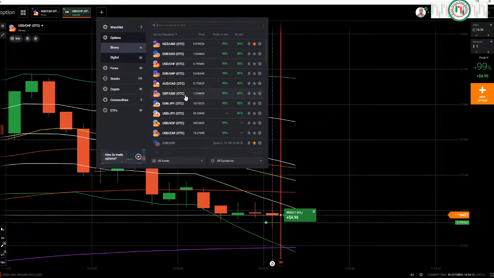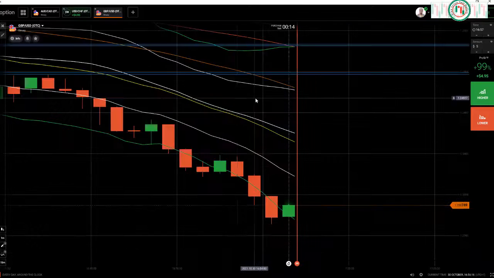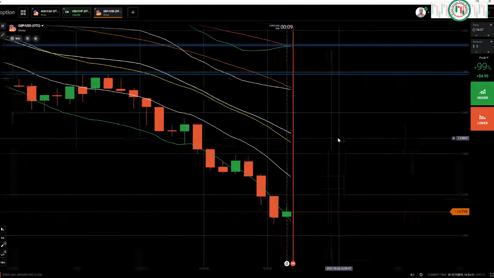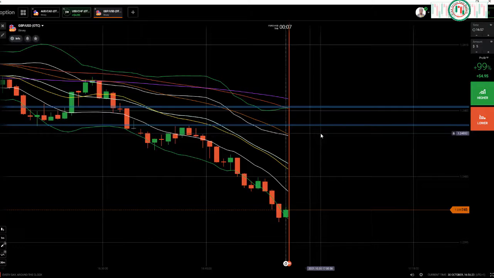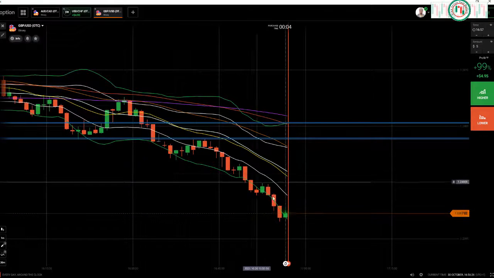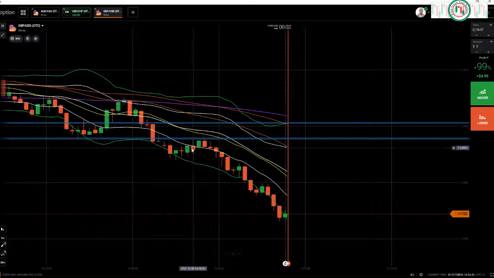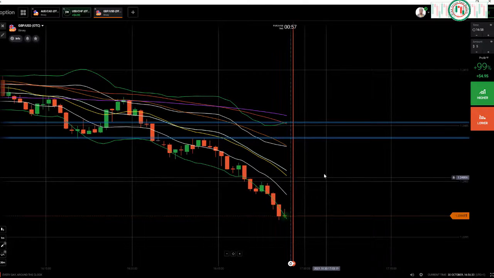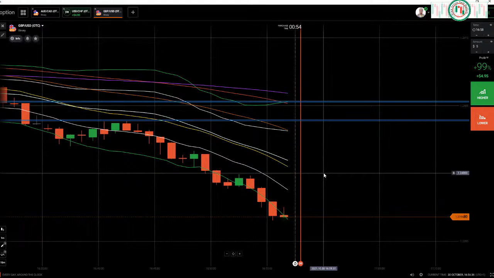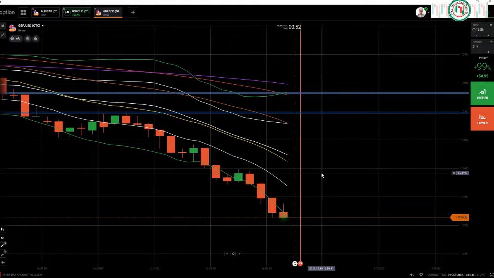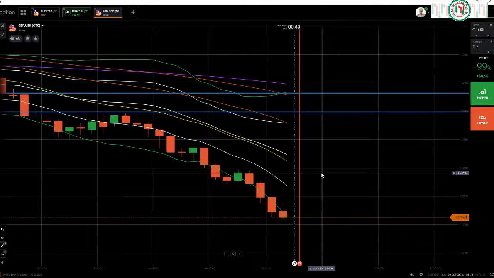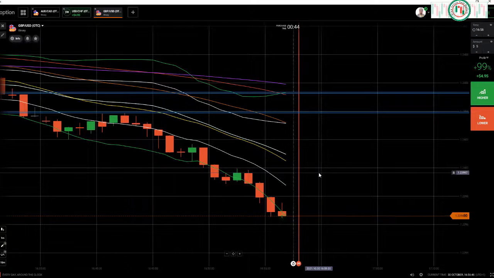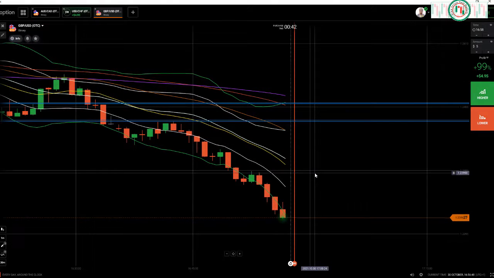So let's analyze another market. Here, a pretty long downtrend. Let's see.